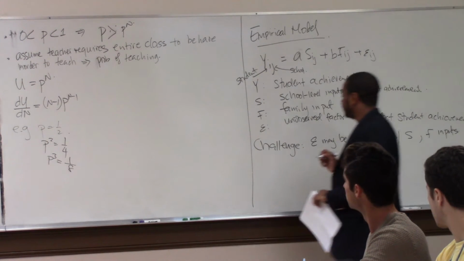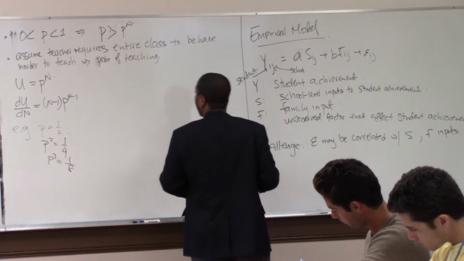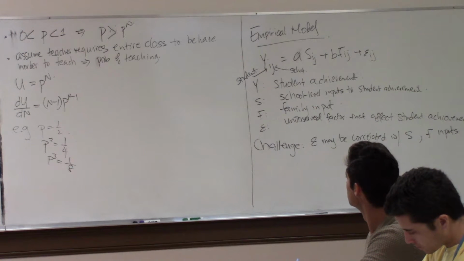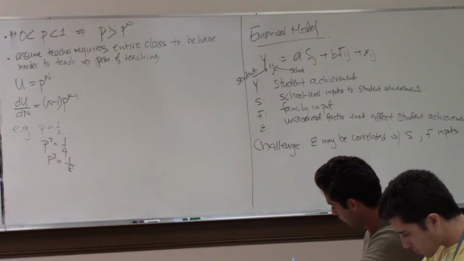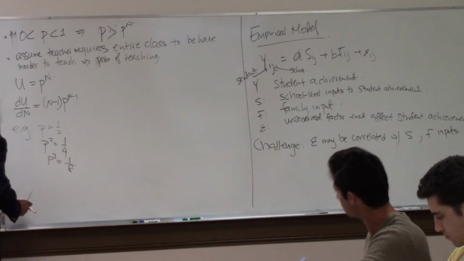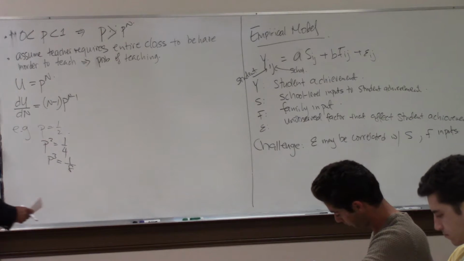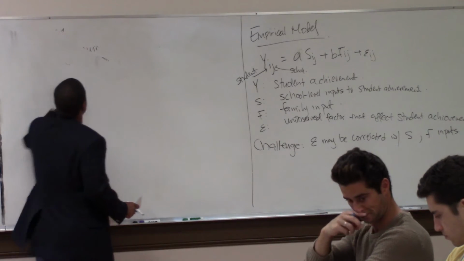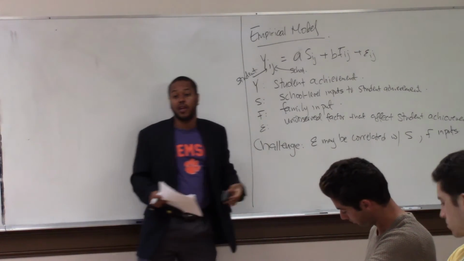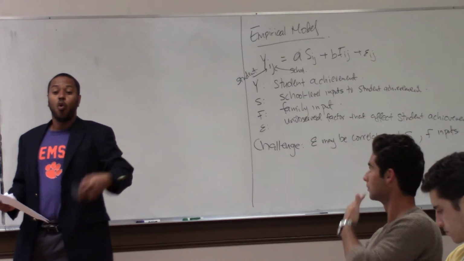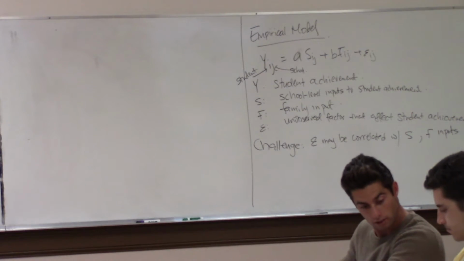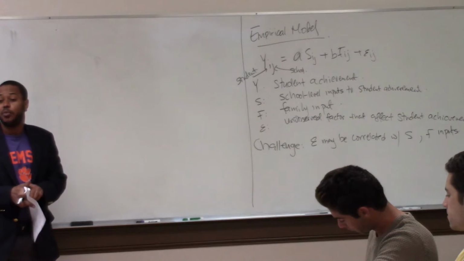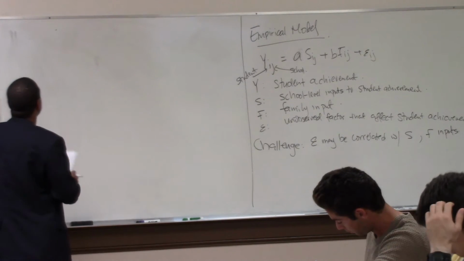For example, I'm going to erase this here. So for example, we can have the situation with extracurriculars where maybe we don't observe the extracurriculars in the school, or we don't observe the extracurriculars that a student is going to be doing. If a student is doing a lot of extracurricular activities, then they have less time to study. Or the students that do extracurriculars may be the students who are actually the good students. Or the students that do extracurriculars may be the students who have parents that are pretty intense, and those parents are working more with them.